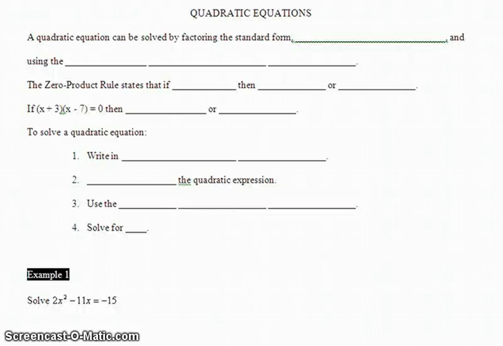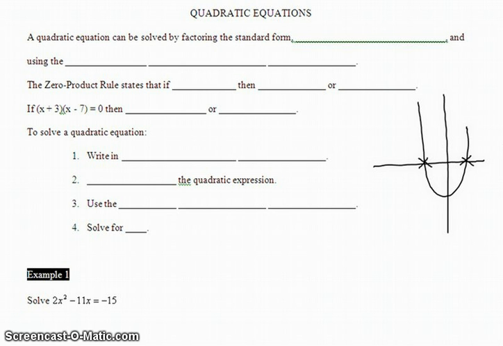Well, welcome back. In this video, we're going to look at solving quadratic equations. What we're looking for, this is sometimes called finding zeros or finding the roots. When we say solve that quadratic equation, we're looking for the 2 points where the parabola crosses the x-axis.